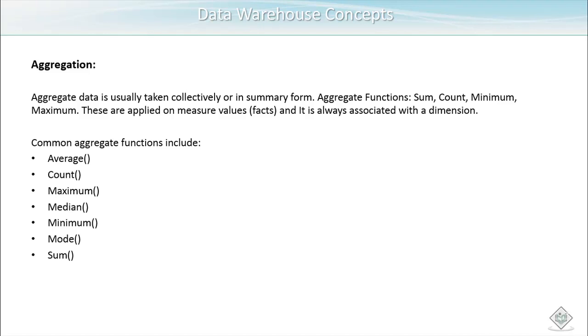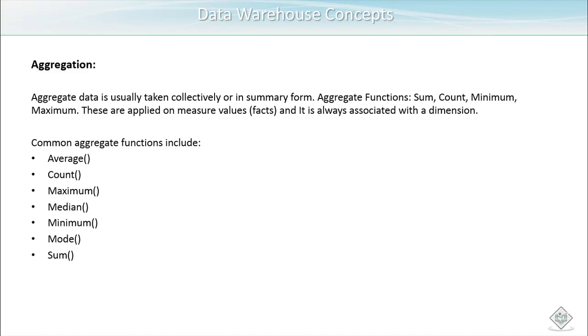But what we do in the data warehouse is that we create aggregated tables. Like if I create three aggregated tables, one for the year, one for the quarter, and one for the month, then if the user wants to see the revenue for a particular year, that query will hit my aggregated table at the year level.